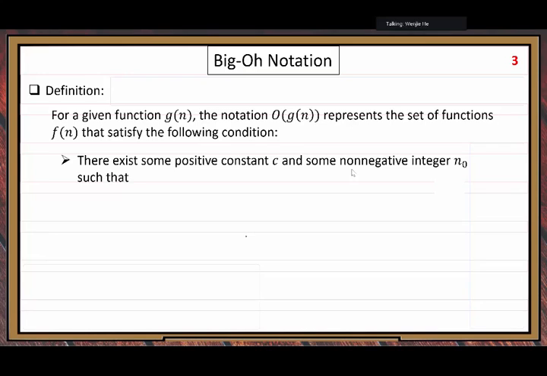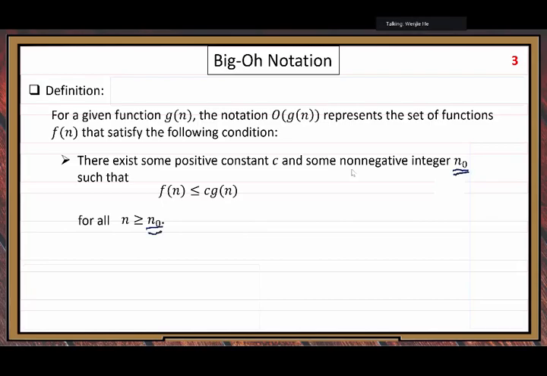There exist some positive constant c and some non-negative integer n0 such that the inequality f of n is less than or equal to c multiple of g of n holds for all n greater than or equal to n0. Big O only considers one inequality. Here you can see there is a special constant n0.